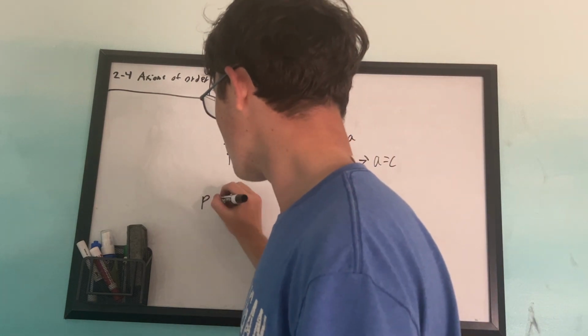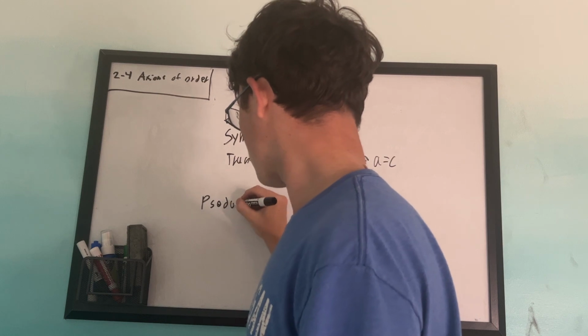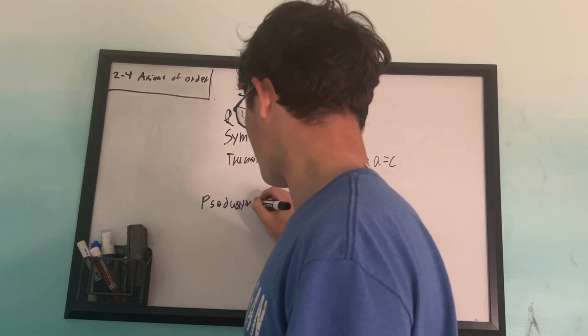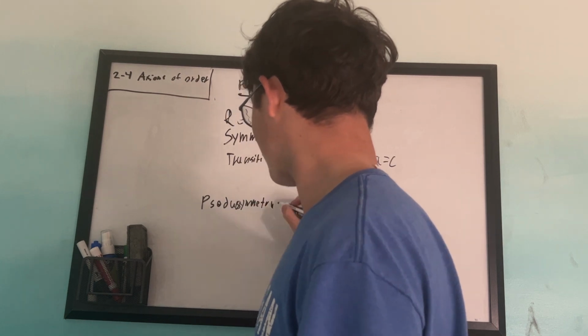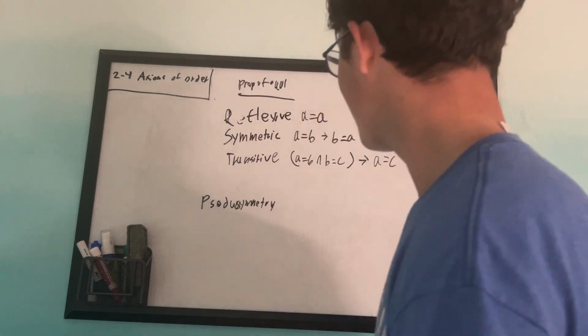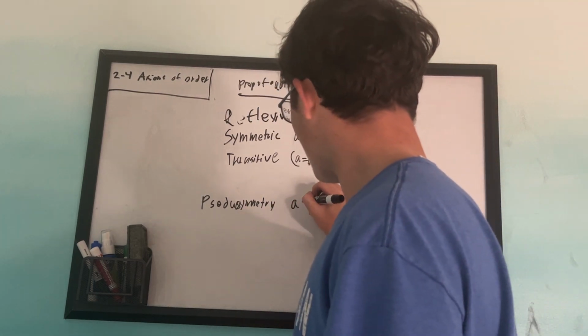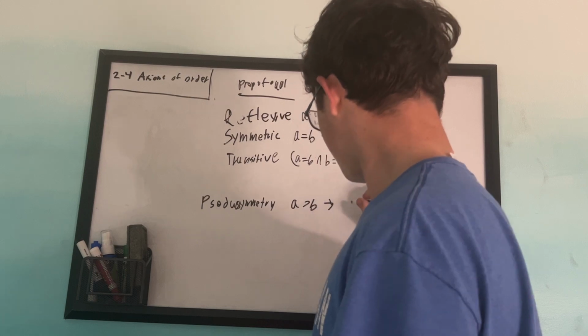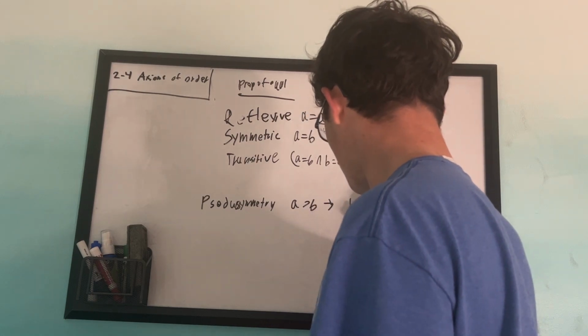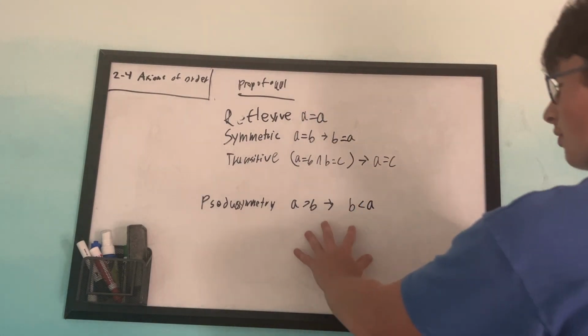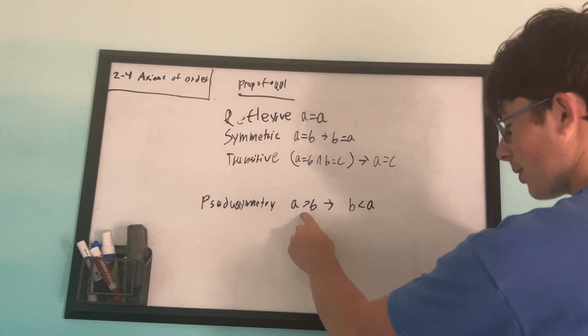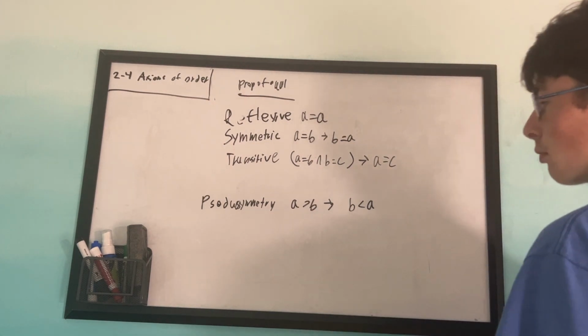First one we have is pseudo symmetry. I don't know how to spell pseudo, so we have to deal with whatever this mess is. That states if A is greater than B, then B is less than A. So you see, we did flip them, but the reason it's pseudo is because we also had to flip the inequality sign.